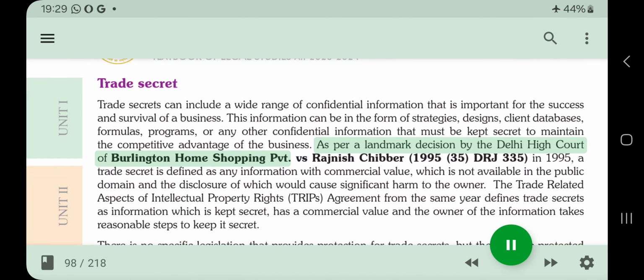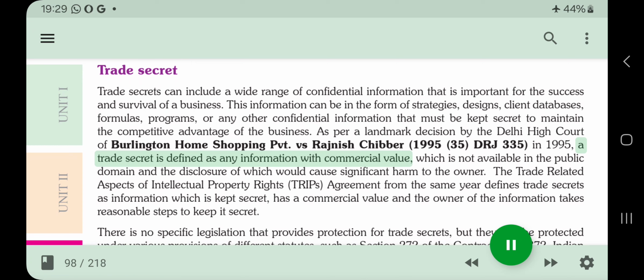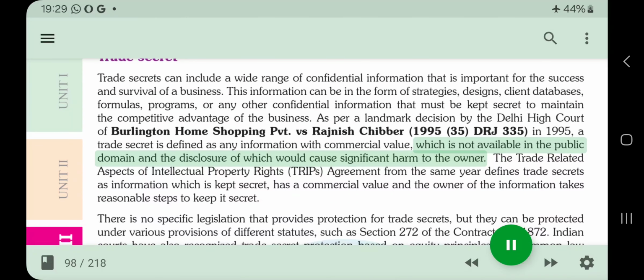As per a landmark decision by the Delhi High Court of Burlington Home Shopping Pvt. Ltd. vs. Rajneesh Chibbar, 1995, 35 DRJ 335, a trade secret is defined as any information with commercial value, which is not available in the public domain and the disclosure of which would cause significant harm to the owner.